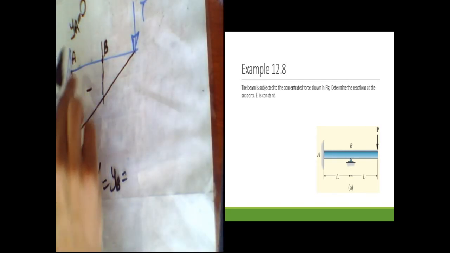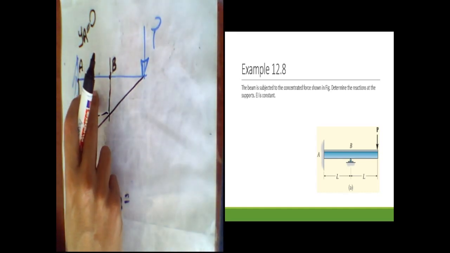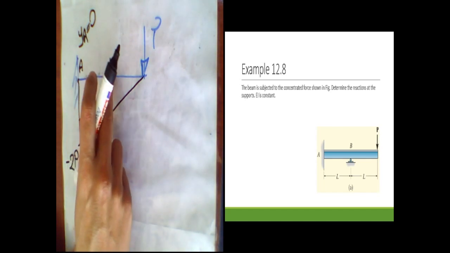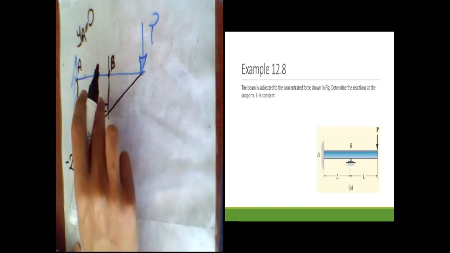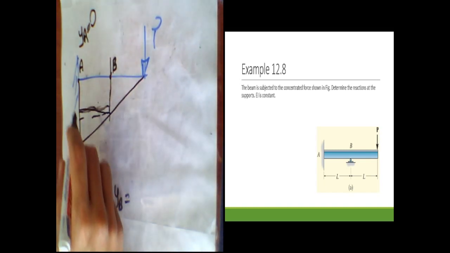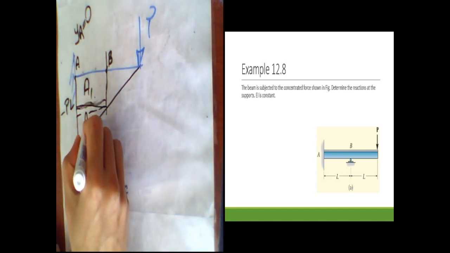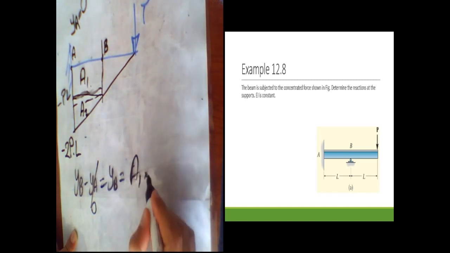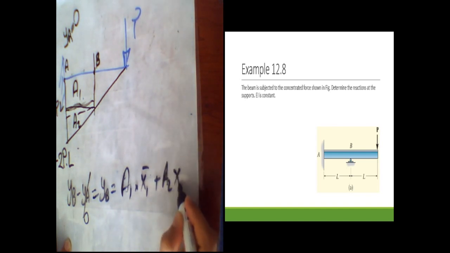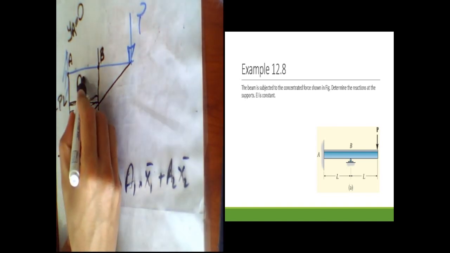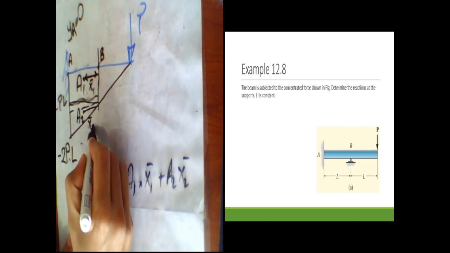It's equal to the area of this shape times the distance from the centroid of this shape to point B. So we have two areas, and this is the midpoint, therefore this is minus PL. Okay, A1 and A2: A1 times x bar 1 plus A2 times x bar 2. This is x bar 1, this is x bar 2.